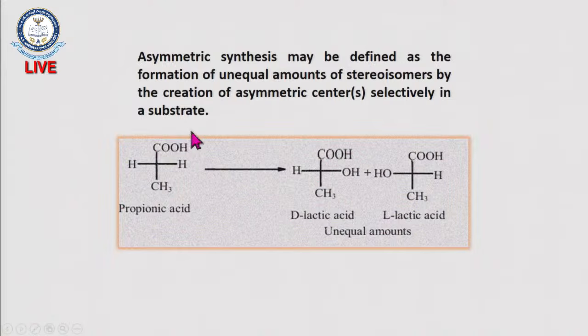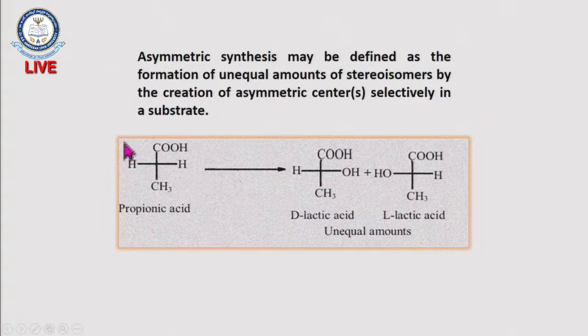Generally, if you take this particular compound, propionic acid, it is achiral in nature. It carries one COOH group, a CH3 group, and two hydrogens, where these two hydrogens are homotopic, right? Homotopic in the sense that both are the same atoms here.